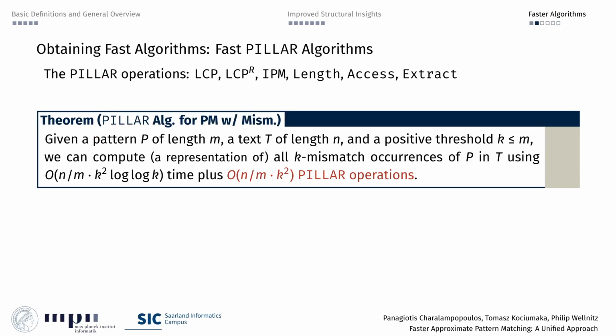So let me give you the theorem statements. Don't worry about the details and just focus on the running times. For pattern matching with mismatches, we obtained an algorithm using roughly k-squared pillar operations. Note that in this case we lose the log k factor of sorting k-squared integers.